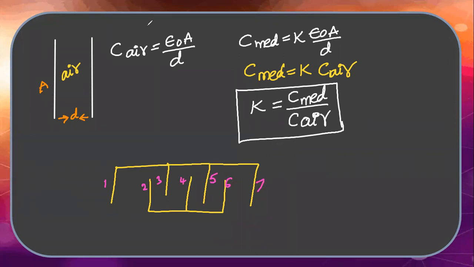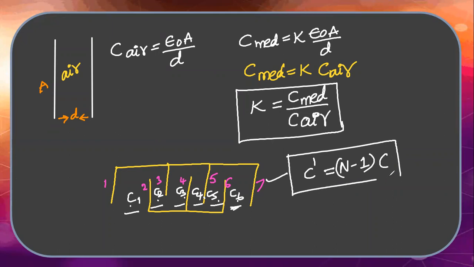How many capacitors are available? C1, C2, C3, C4, C5, C6. Plates are 7. Number of possible capacitors are 6. So the capacitance of that combination is C dash equal to N minus 1 into C.